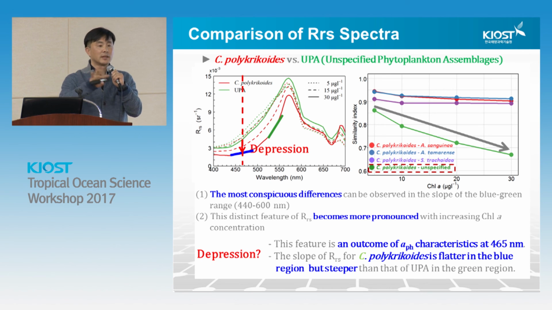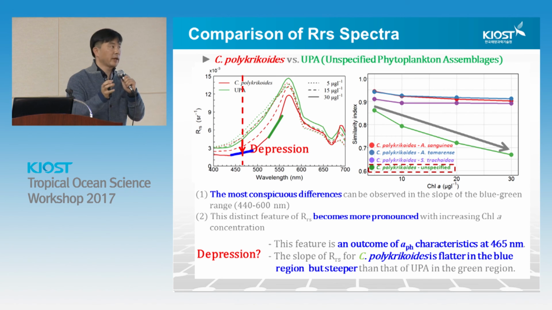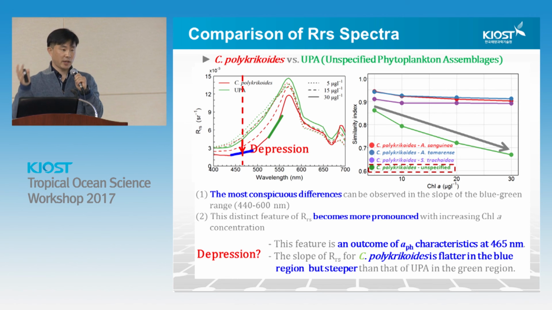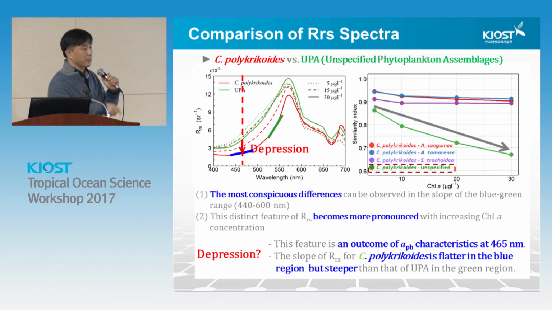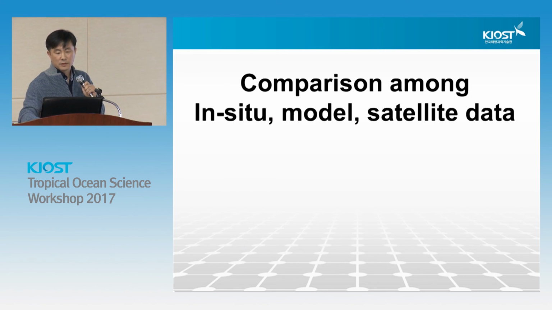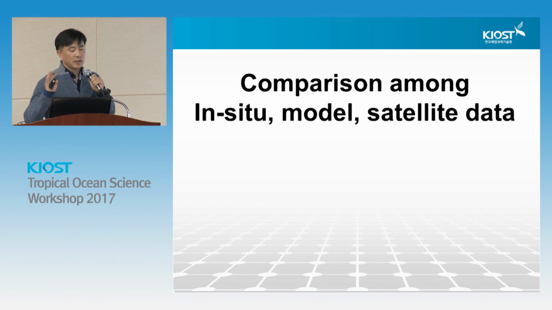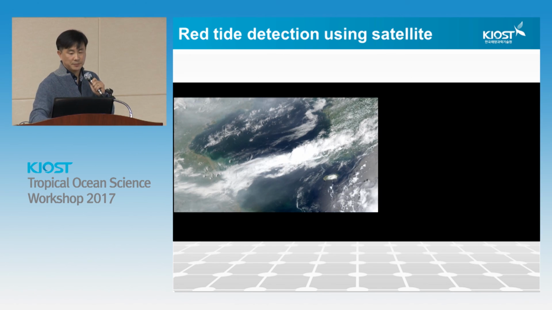So maybe we can discriminate HAB and non-HAB cases with this kind of pattern. Anyway, we checked this against the in-situ and model cellular data.